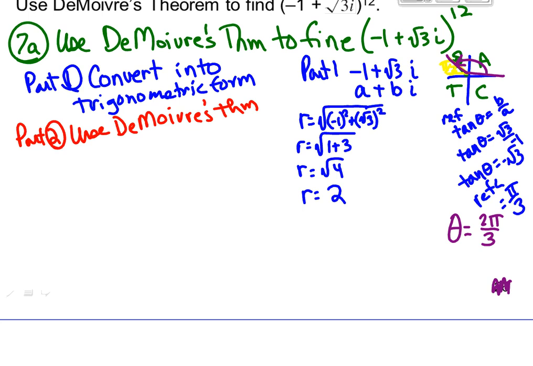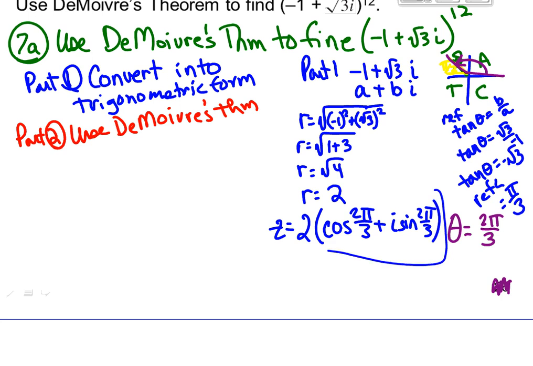And so then this in trigonometric form, I'll just name it z, we can say z equals 2 parentheses cosine 2 pi over 3 plus i sine 2 pi over 3. So that is part one. Part one is just to take whatever that a plus bi is, which is in standard form, and change it into trigonometric form.